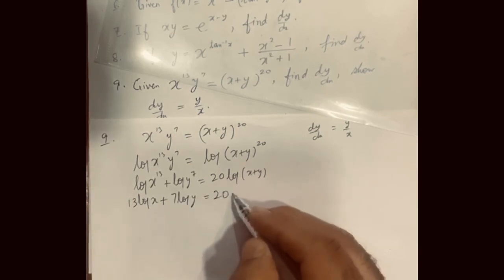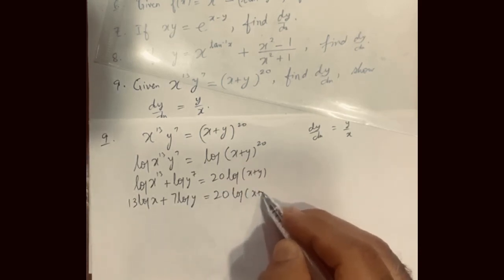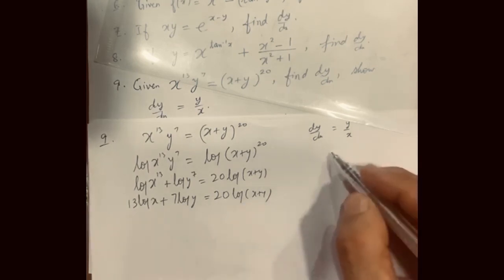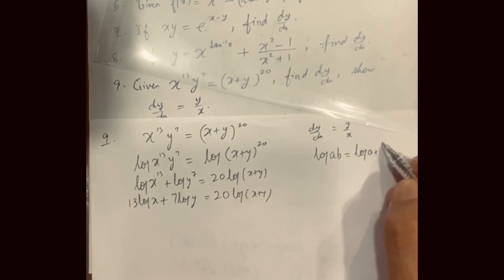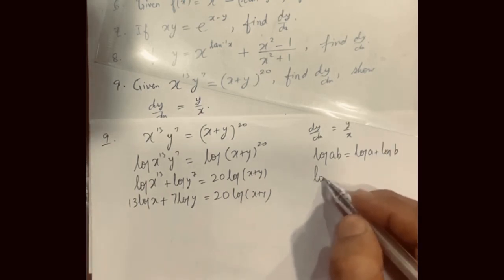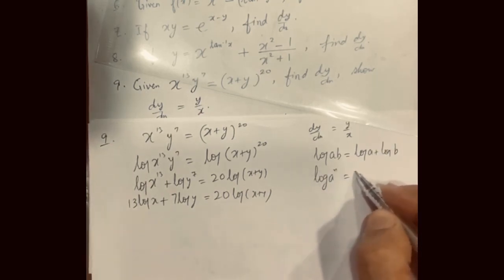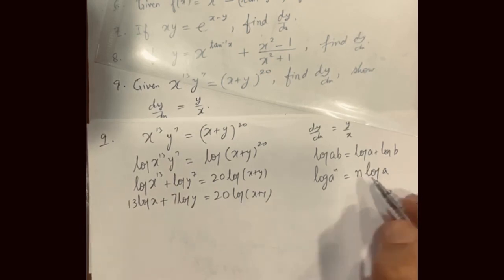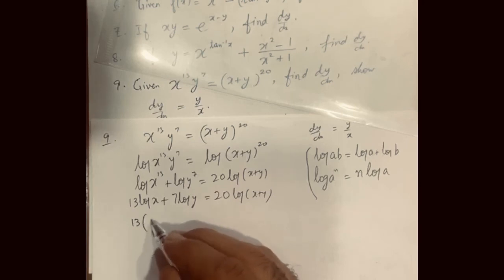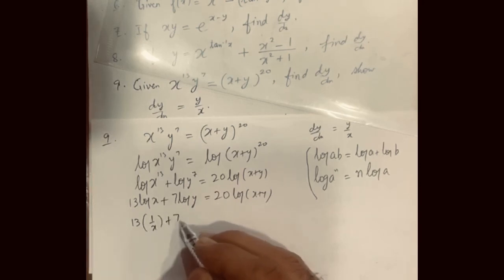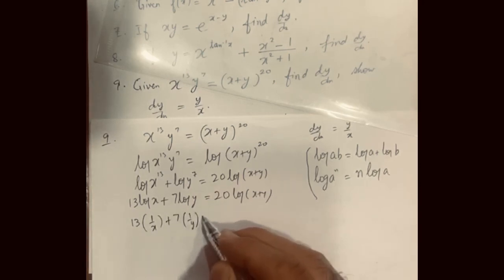This is 20 log of x plus y. So here we have used two rules. Log of ab is log of a plus log of b, and log of a raised to n is n into log of a. Differentiating, this is 13 into derivative of log x plus 7 into 1 by y, derivative of log y, into dy by dx.